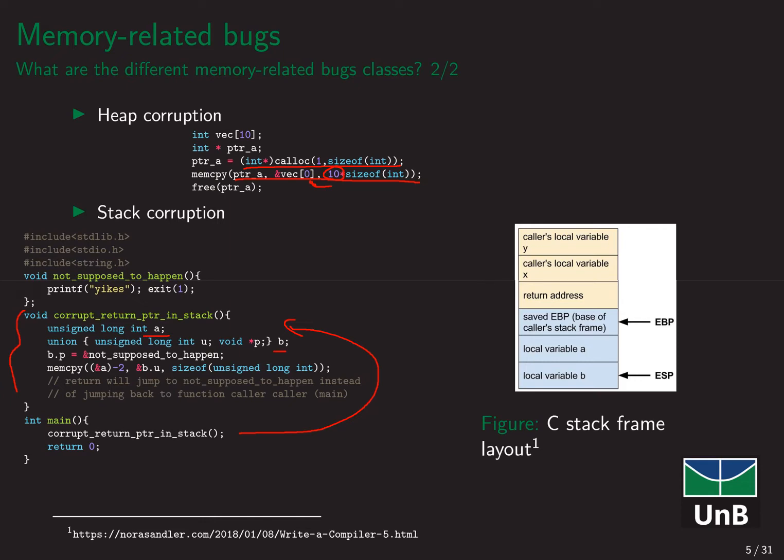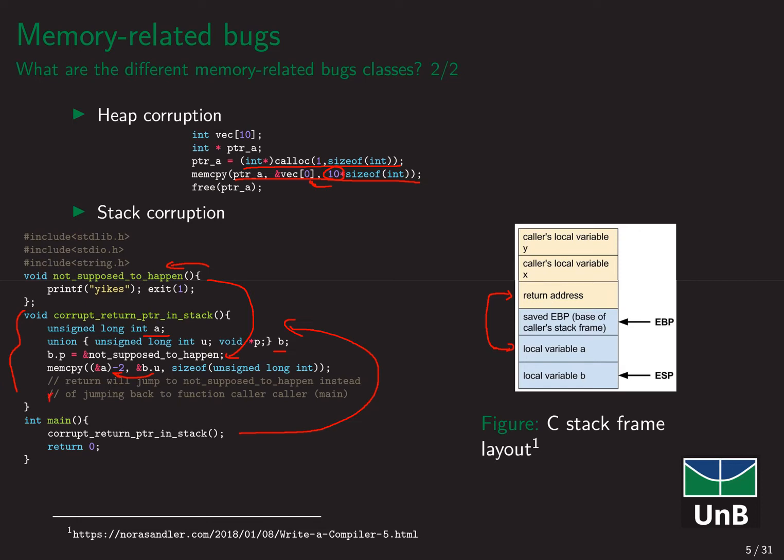It will copy the address of this function that was never called to b, and then copy the value of b to the value of a minus 2, which is an out-of-bound access. But the address of a minus 2 means that it is modifying the return address of the callee, which was supposed to be used to return to the caller.